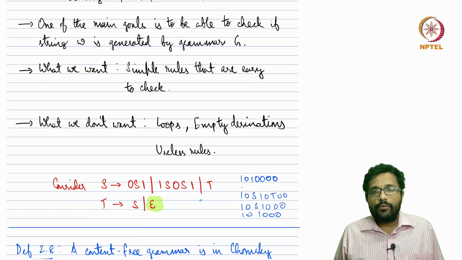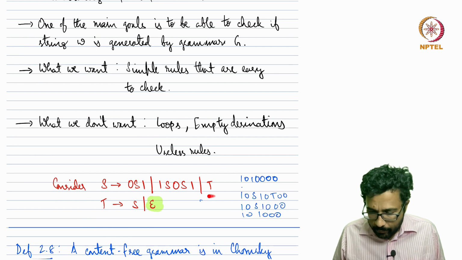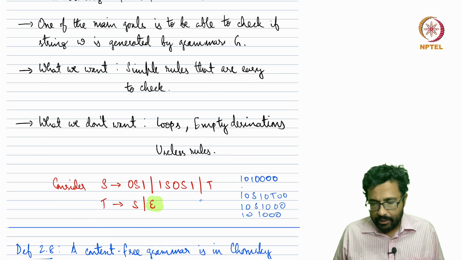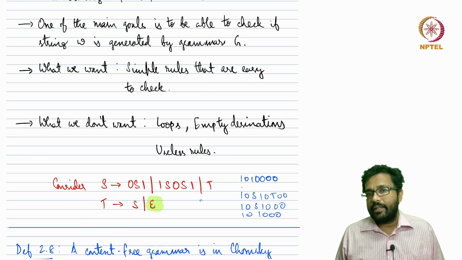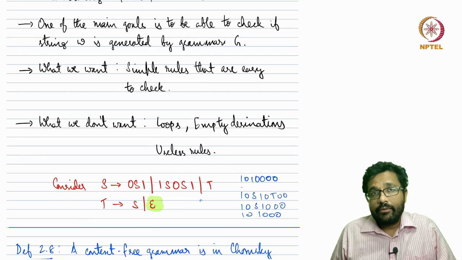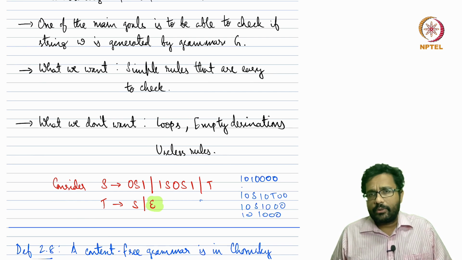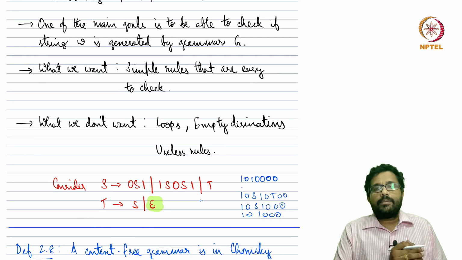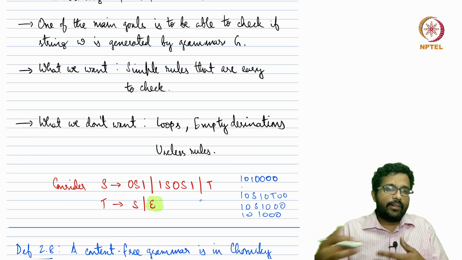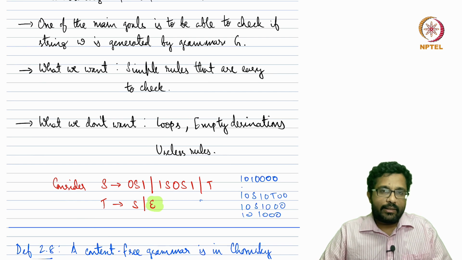One way to remove loops is to not allow single derivations, meaning derivations like one variable giving another. So this is why we don't want one variable giving another. And there is also this thing called useless rules. What if some rule is never actually used in generating a string?